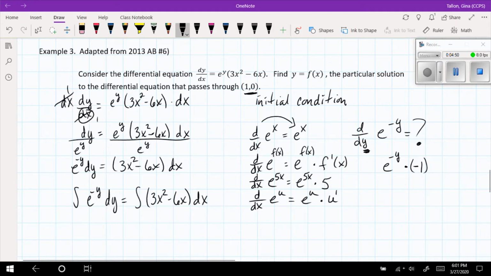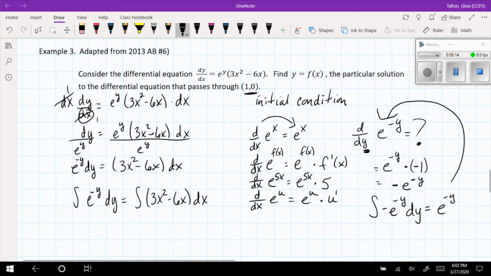So this answer would be negative e to the negative y. So that would be kind of nice. That means that if I were to want to go backwards and integrate negative e to the negative y with respect to y, I would be clear in just saying that answer had to be e to the negative y, the thing that I started with a long time ago.